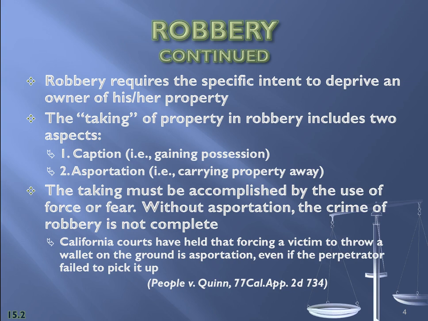One would be this word called caption, which means gaining possession, and the other should be a familiar word that you should be getting used to by now, which is asportation, and that means carrying away or movement of property or something similar. Now, the taking must be accomplished again by the use of force or fear, and without asportation, the crime of robbery is not complete.